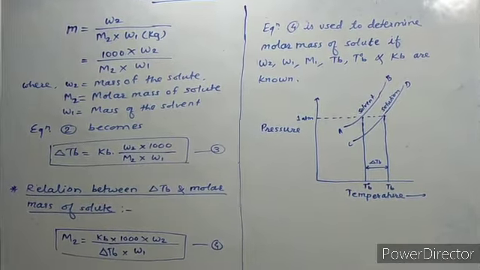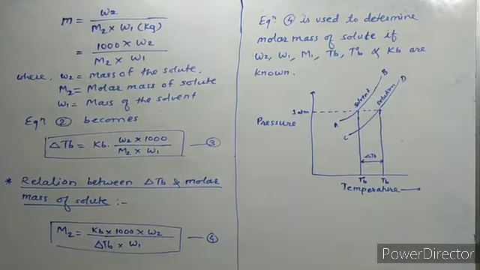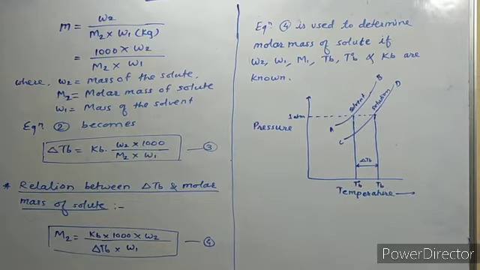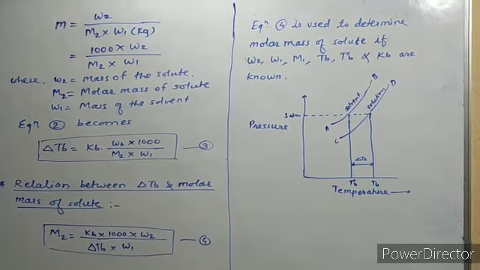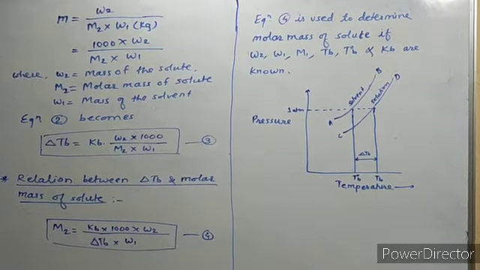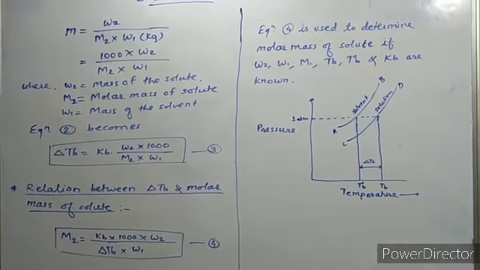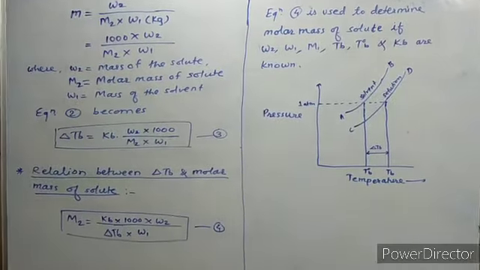By using equation 4, we can determine the molar mass of the solute if the mass of solute W2, mass of solvent W1, delta TB, the boiling point elevation, and the boiling point constant are known.